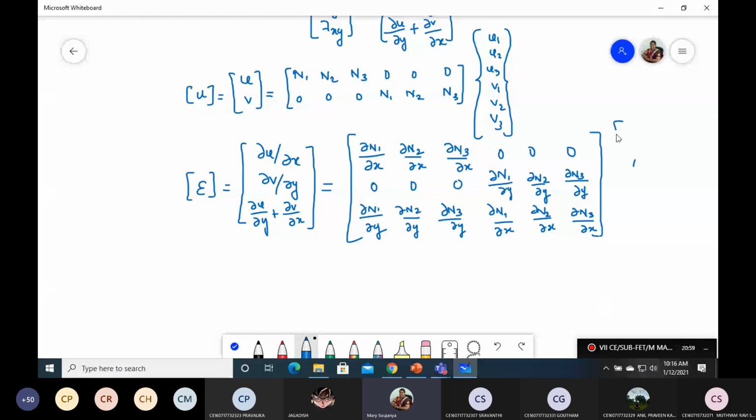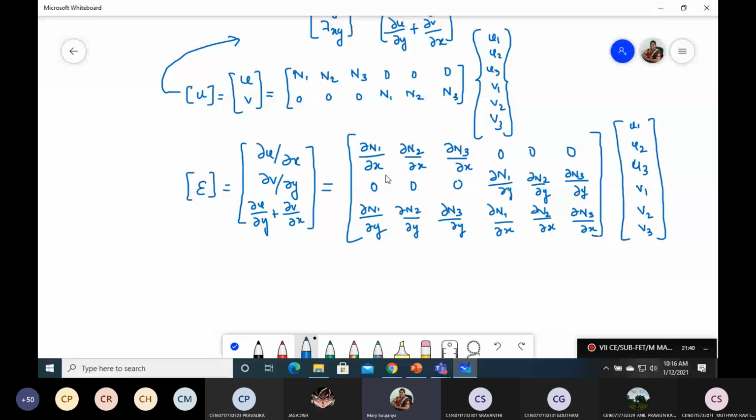This whole matrix is multiplied into the elemental displacement matrix, that is u1, u2, u3, v1, v2, v3. Understood? How did we get this? We have just substituted this equation into this equation, because there was partial differentiation, and the partial differentiation is going to apply to the shape functions, which have the variables.